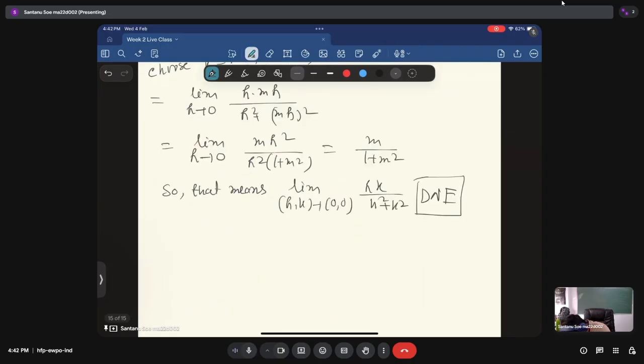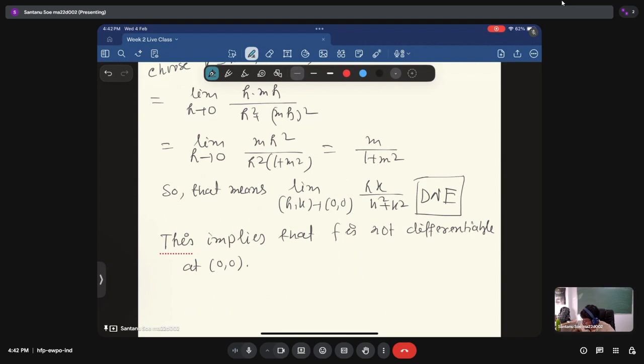Okay, so this implies that f is not differentiable at (0, 0). Since this limit does not exist and does not converge to 0, by the equivalent definition of differentiability, we can say that the function is not differentiable at (0, 0).